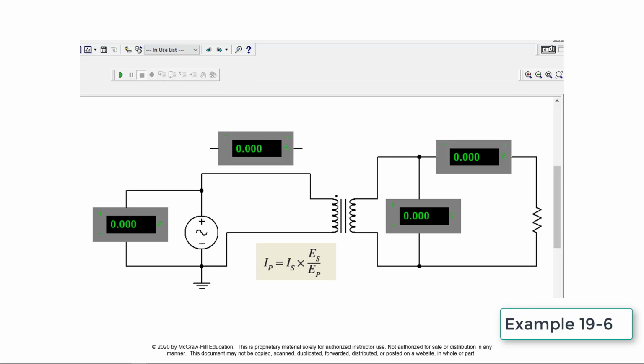This circuit simulates the calculation of the primary current of a transformer when the primary voltage and secondary voltage and current are known. The circuit has been initially constructed with meters connected to display all known values.